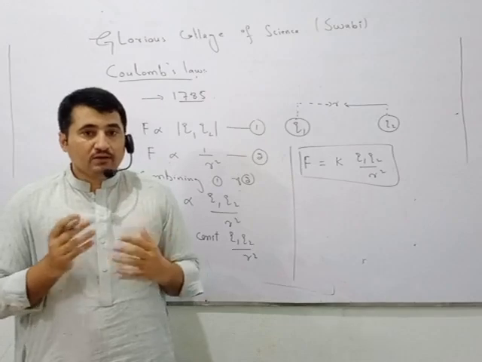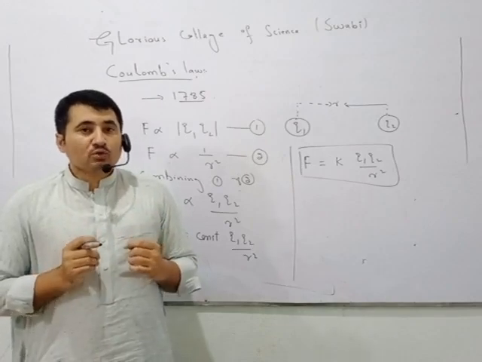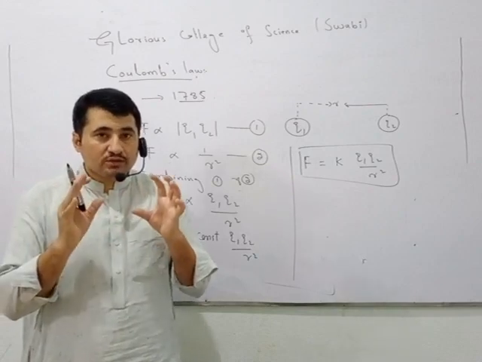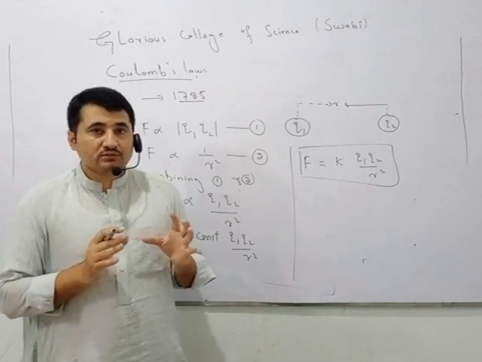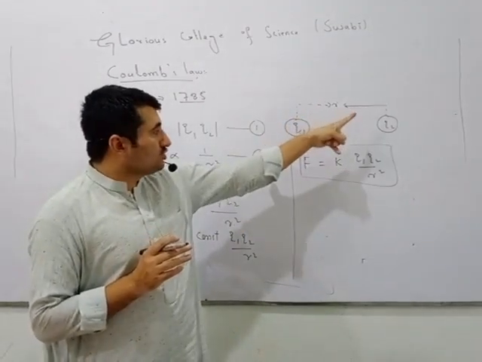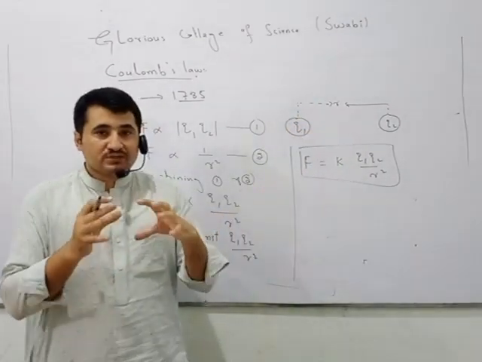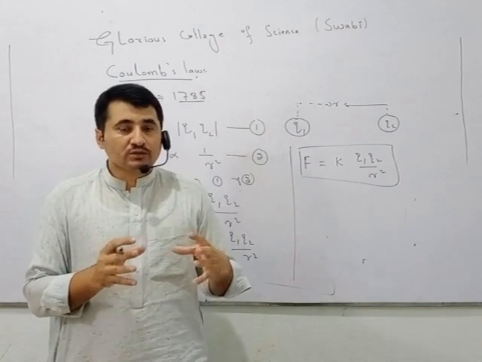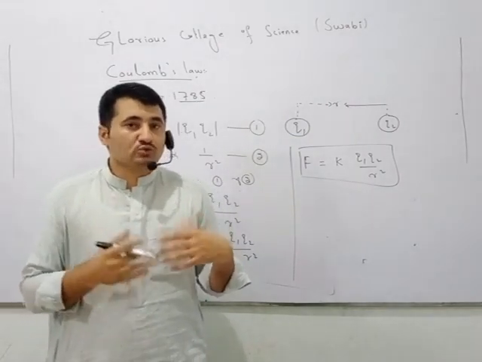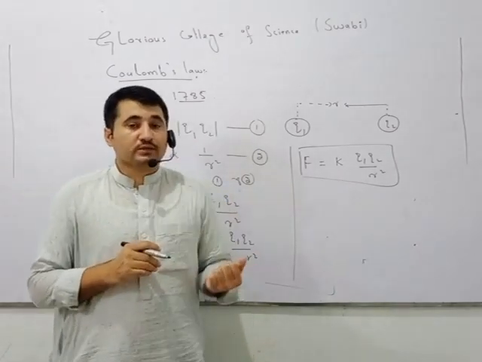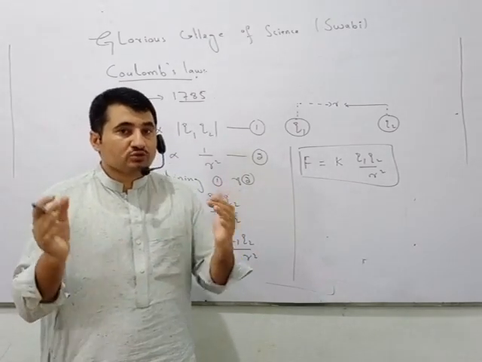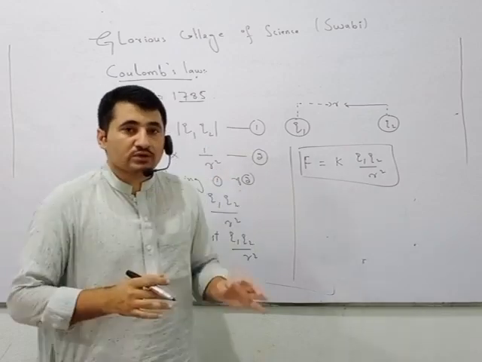Dear student, remember Coulomb's law is applicable for stationary point charges; we are studying electrostatics. The charges must be something like a spherical distribution. For arbitrary charges you cannot apply Coulomb's law, and if you have an irregular distribution, the situation goes toward the complex side.